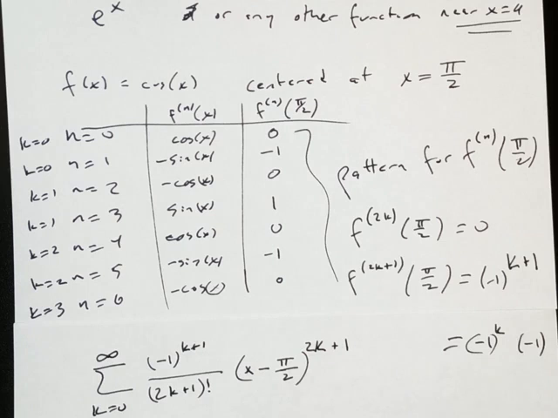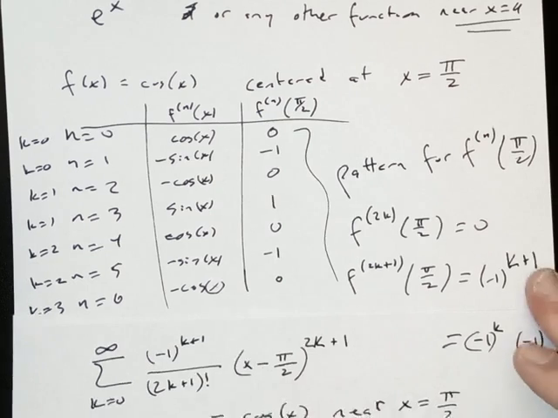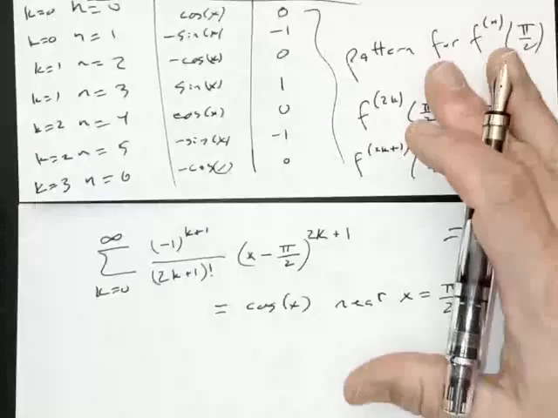And this is the power series for cosine of x near pi over 2. Oops, wrote off the bottom of the screen.